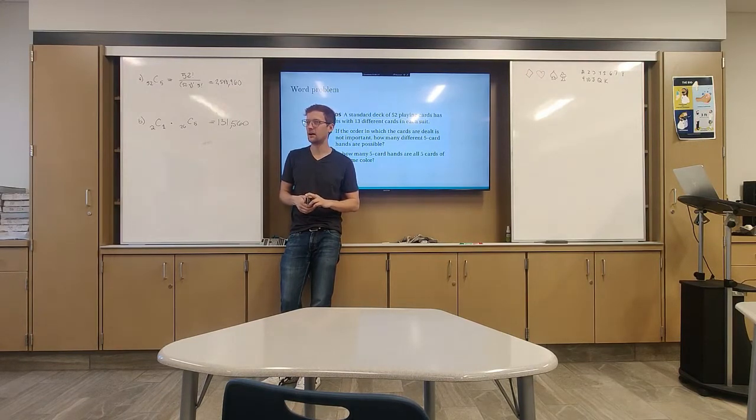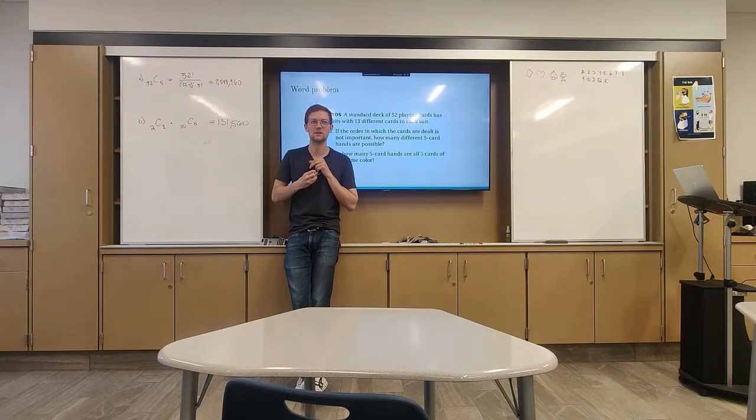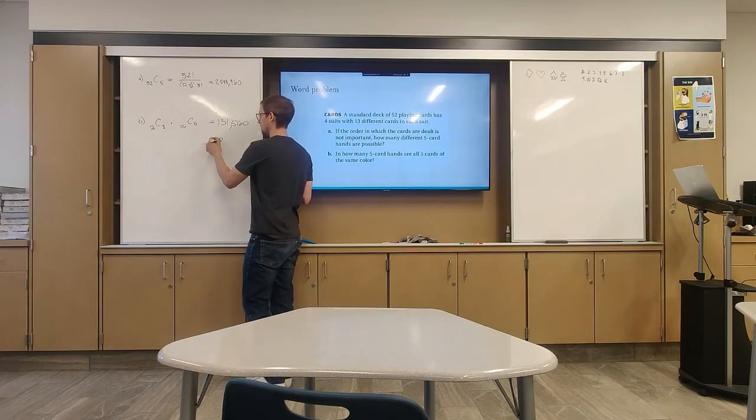What if I wanted to find, so do you guys know the different hands in poker? What is it called when all of them have the same suit? Uniform. So I have a pair, I have 3 of a kind.